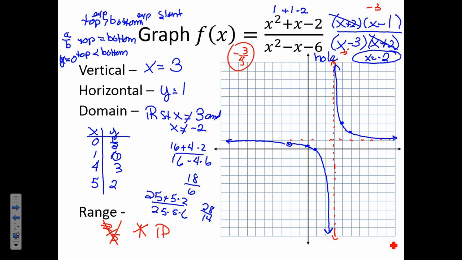All real numbers such that y is not equal to 3/5 or 1. Should have been positive 3/5. Okay. Everybody good with those? Kind of, hopefully.